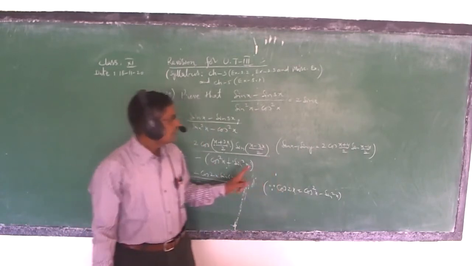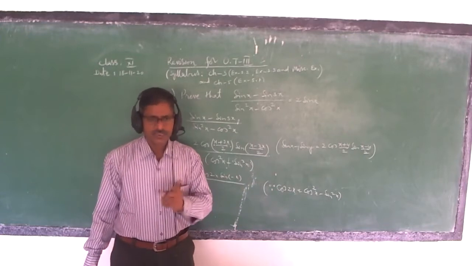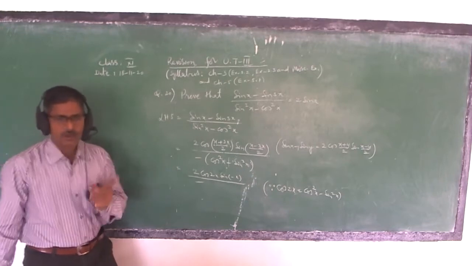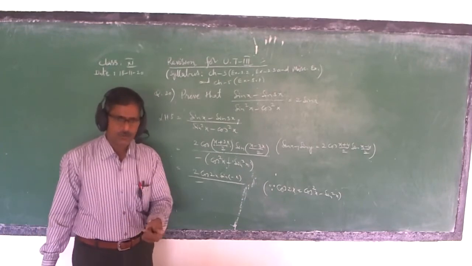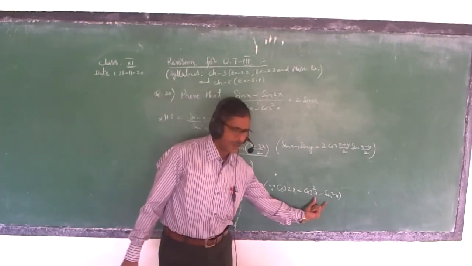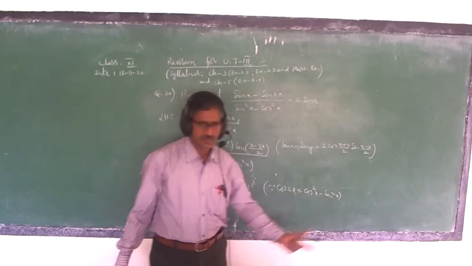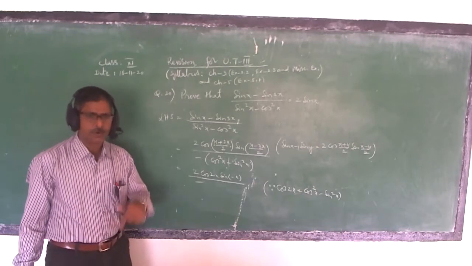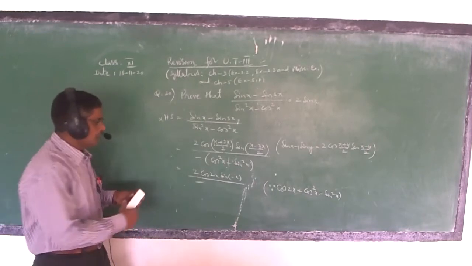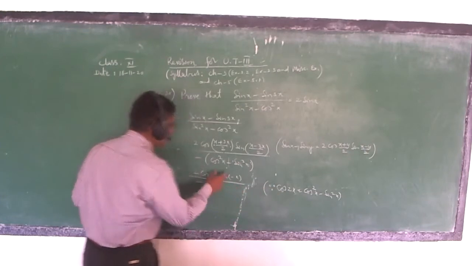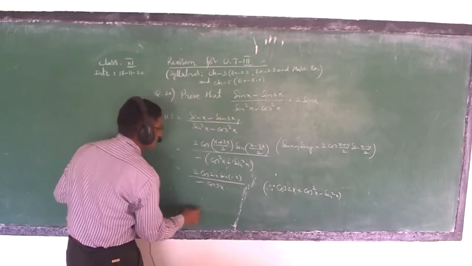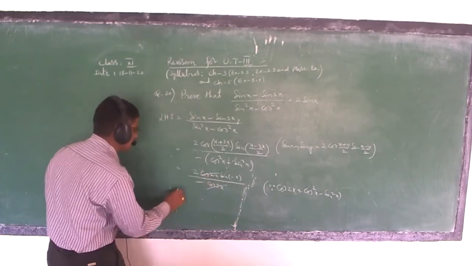One formula in only cos, that is 2 cos square x minus 1. Another formula in only sin, 1 minus 2 sin square x. Another formula in both sin and cos, cos square x minus sin square x. And one more formula in tan, (1 minus tan square x) upon (1 plus tan square x). Now here we need this, so substituting cos 2x, the cos 2x gets cancelled.